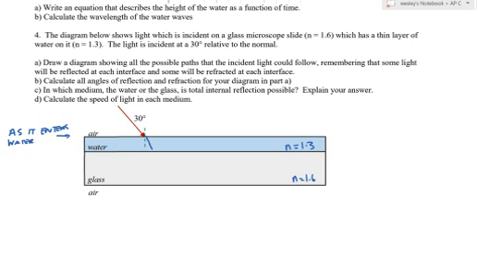So as it enters the water, it slows. And it turns toward the normal. Then it enters the glass, so we have a new normal now for the glass. It's going to slow down again.